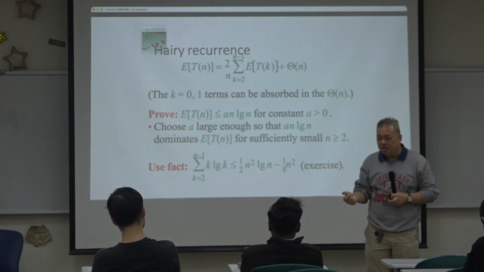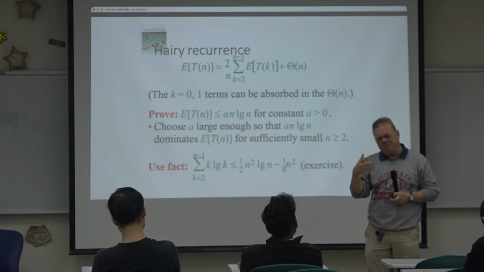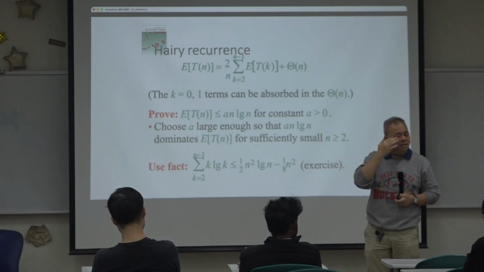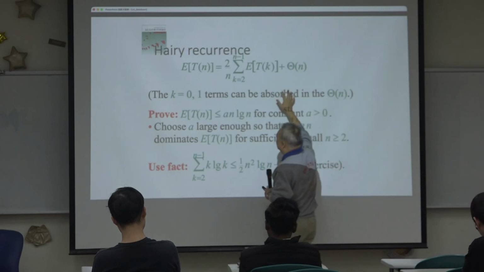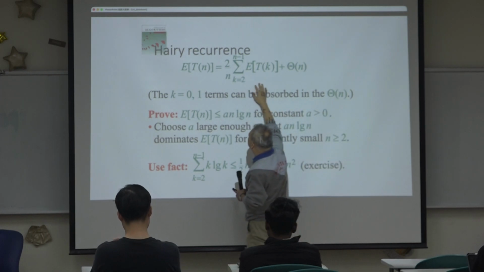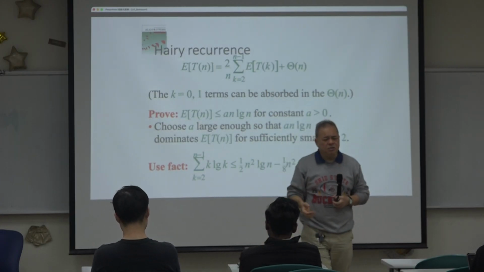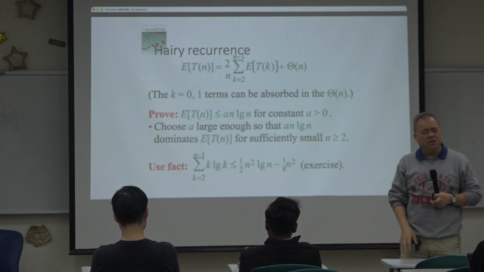A constant number of constant terms usually does not affect the complexity. So we put them here. So the index starts from 2 to n minus 1. So why do we need to care about the index of this summation?